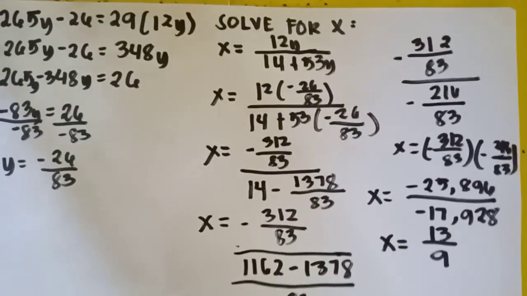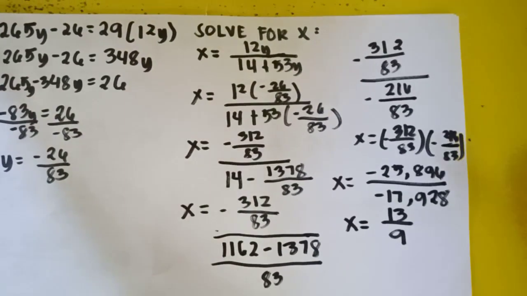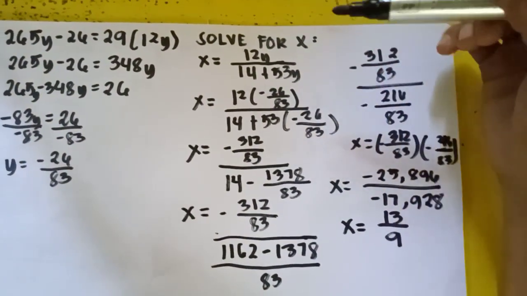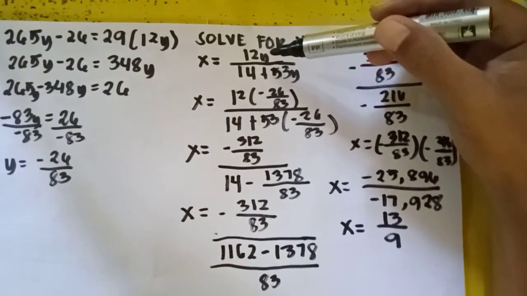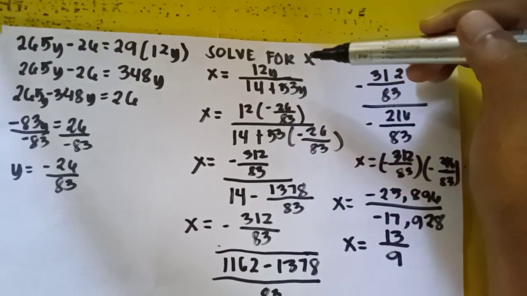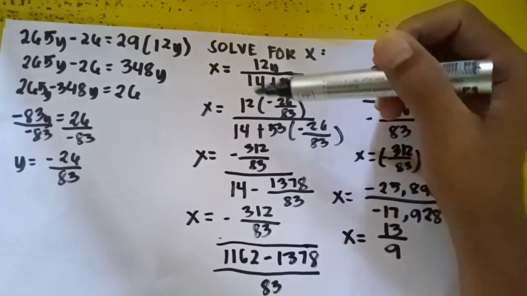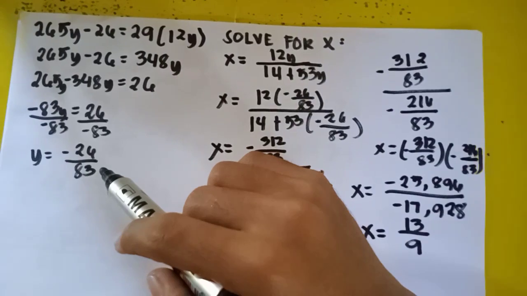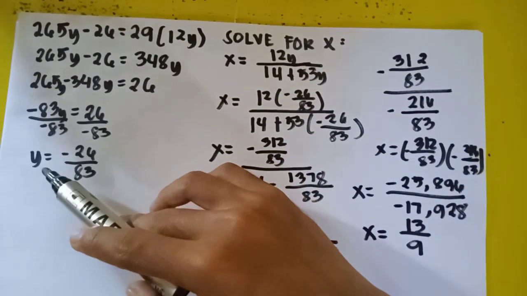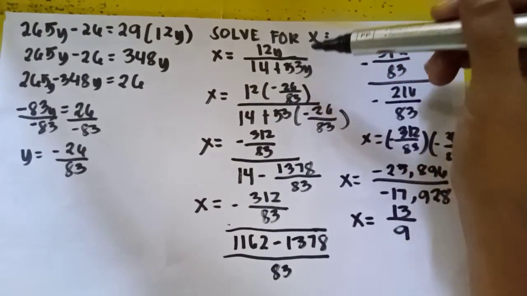And then next we will solve for our x. x is equal to 12y over 14 plus 53y. And then this time we will substitute this negative 26 over 83, which is the value of y, to the variable y in this equation.